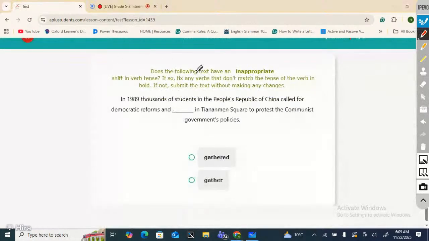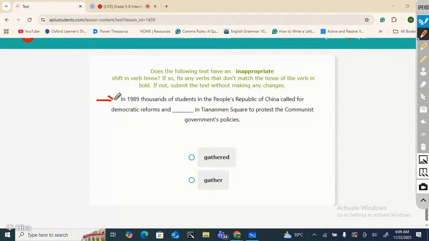Okay. Does the following text have an inappropriate shift in verb tense? This is a question asked from you. If so, fix any verbs that don't match the tense of the verb in bold. If not, submit the text without making any changes.